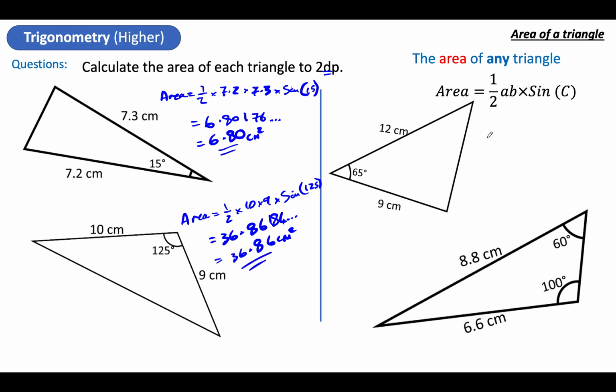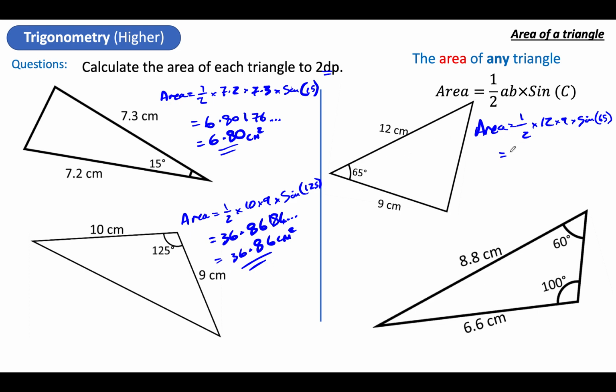36.86. Over here, area equals, again, you've got this now, really, haven't you? You know that this is all going to work. Half times by 12 times by 9. Hey, and guess what? You don't have to put those in that order. They could be the other way round. 9 times 12, maybe. But you knew that because you're clever. 0.5 times by 12 times by 9 times by sine of 65.